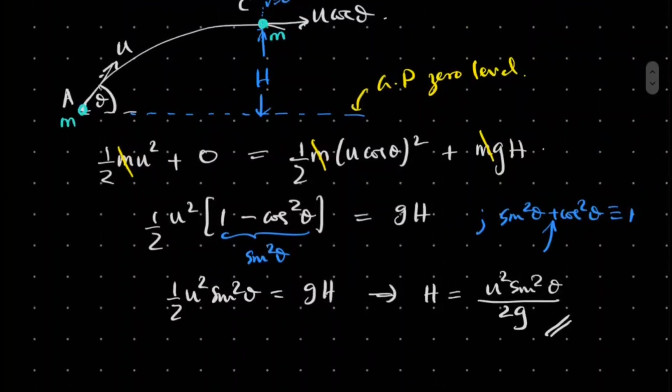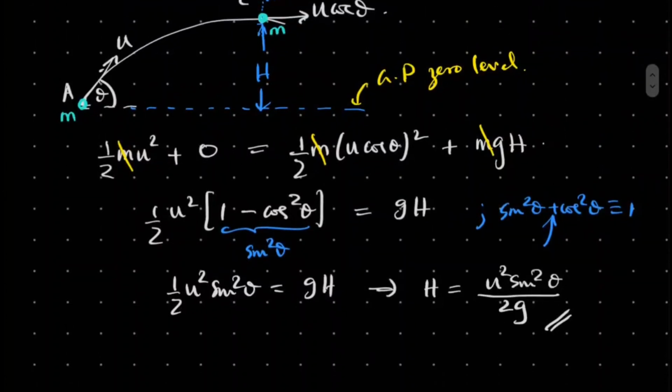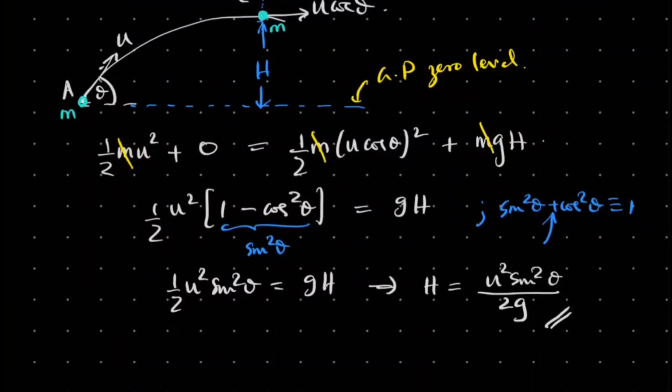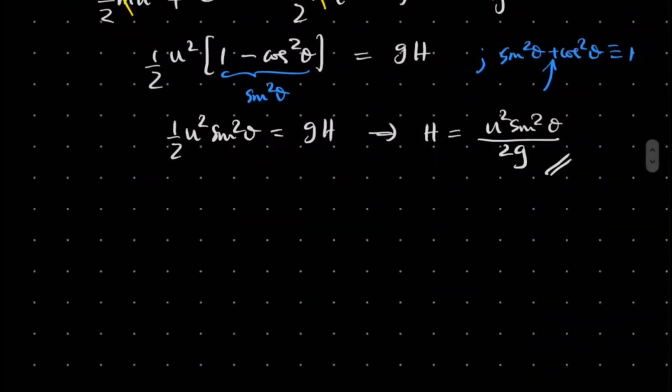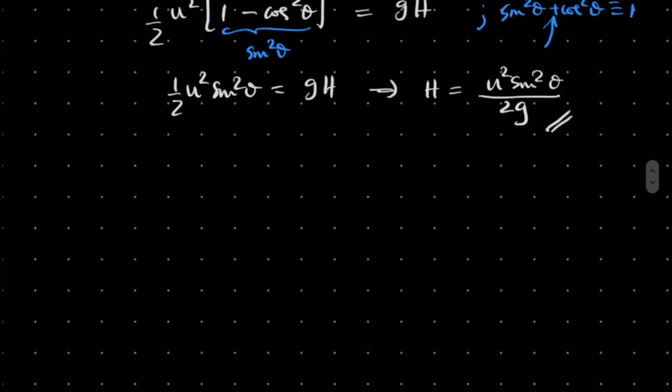Then next we will talk about the horizontal range and its application. Wait a minute. So we didn't talk about the things that affect h. If you look at it, h is proportional to u squared. Earlier the time was directly proportional to u. That means if you double the speed, the flight time doubled.